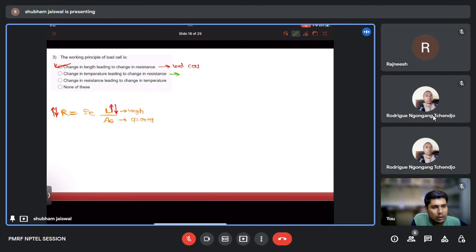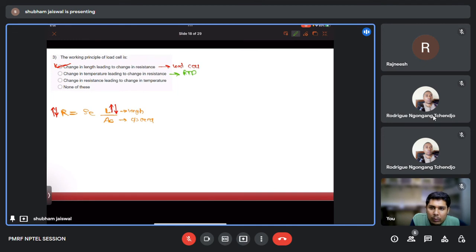Yeah. Can you specify the device or instrument? Thermocouple? No. Generally in RTD. Okay. In the resistance temperature detector, we use this principle, that the change in temperature leads to the change in resistance of the material.